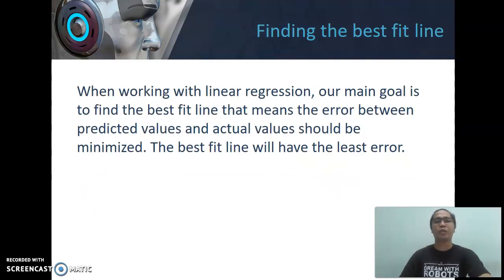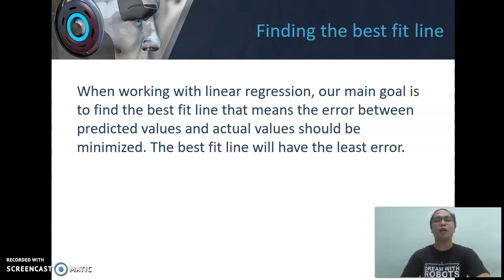When working with linear regression, our main goal is to find the best fit line. That means the error between predicted values and actual values should be minimized, so the best fit line will have the least error.